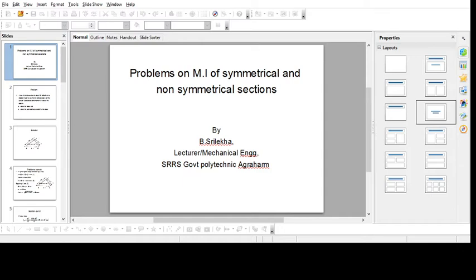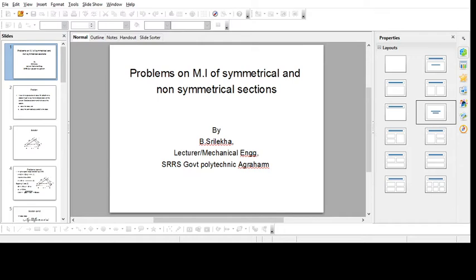So this is how we found the moment of inertia about the base. The formula is BH cube by 12 for a triangle, whereas the moment of inertia about the centroidal axis is BH cube by 36. So, next problem.